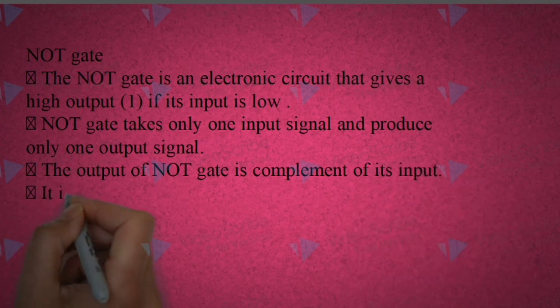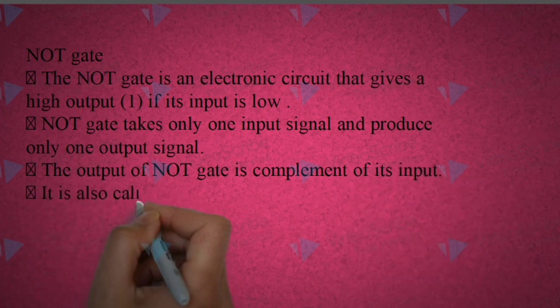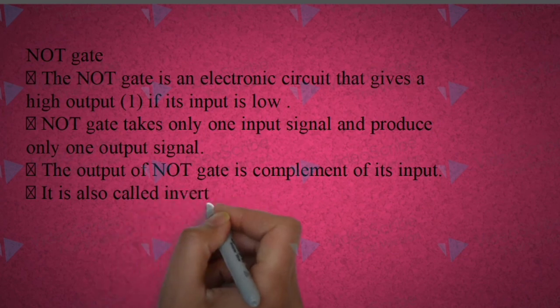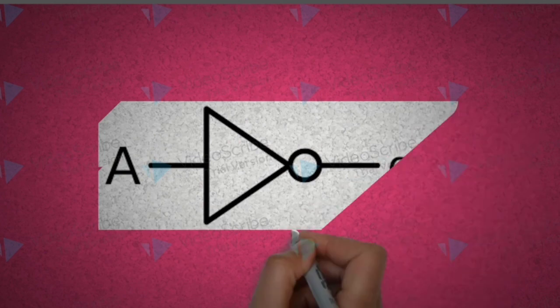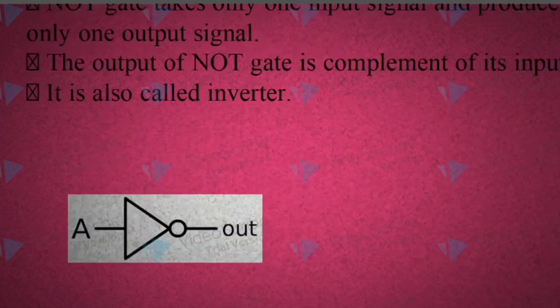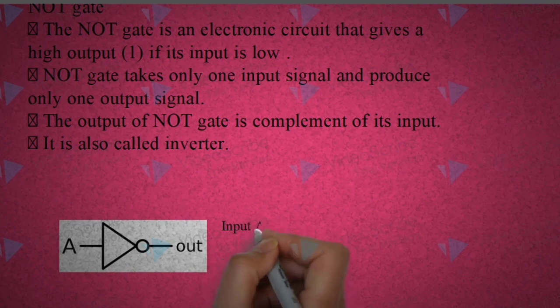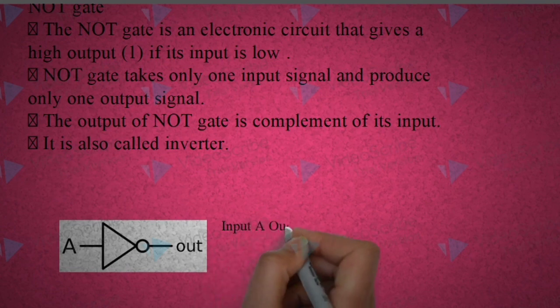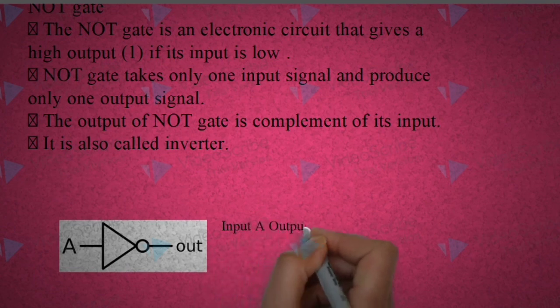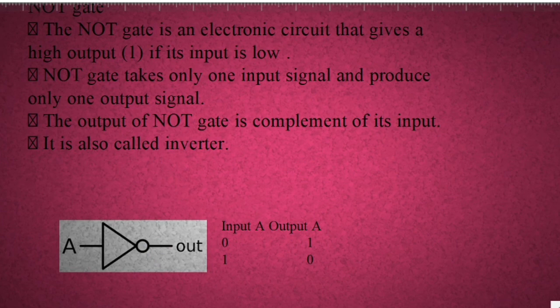Since it is known as an inverter, it is drawn like this, and the truth table of the NOT gate is this one. Input will have only two possible combinations since only one input is allowed for the NOT gate. If input is 0, output will be 1. If input is 1, then output will be 0.